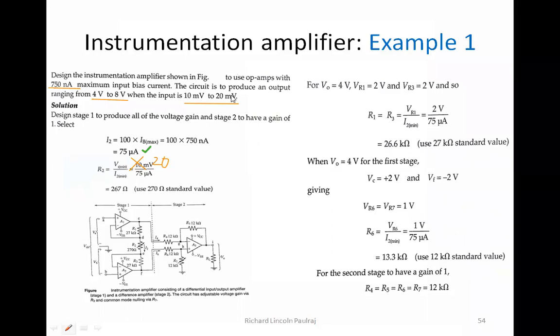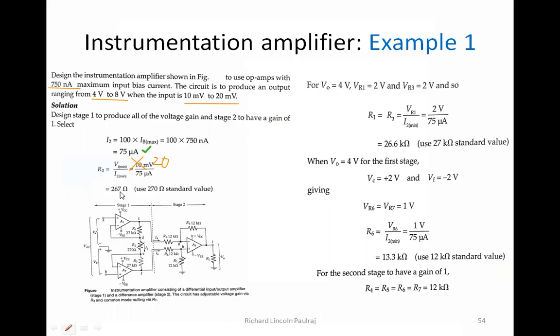So we will take 20 millivolts here, and the maximum input voltage. And if we take 10, then we are going to get about 133.33, right? If I'm not mistaken. And here it's going to be 266.66. So we're going to round it off to 267.